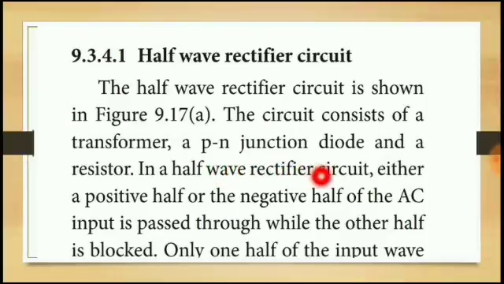In a half wave rectifier circuit, and this line is very important, either the positive half or the negative half of the AC input is passed through while the other half is blocked. So only one half of the input signal is rectified, and it gives the output.